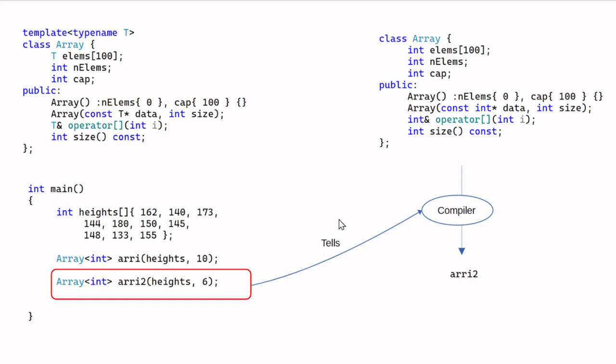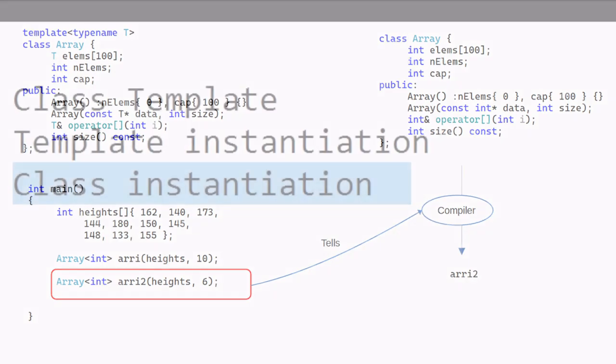But before that, I'd like to bring your attention to the fact that template instantiation is the use of a template class to create a concrete class by replacing the type parameter by the type of interest. In the case of class instantiation, it is the use of the class created out of the template to create an object.